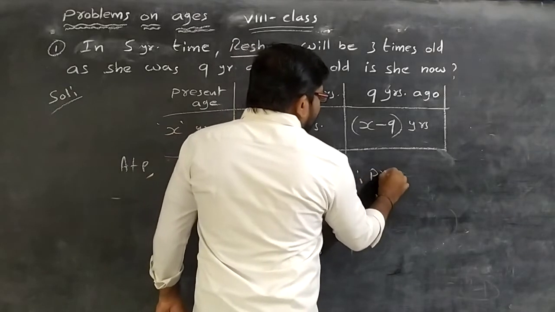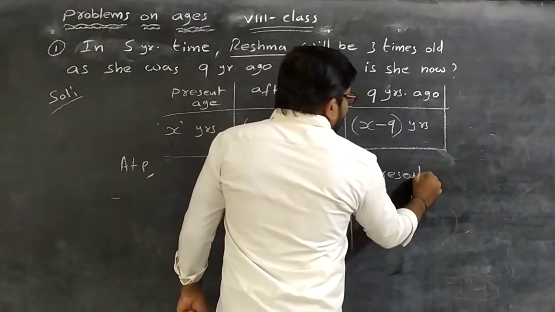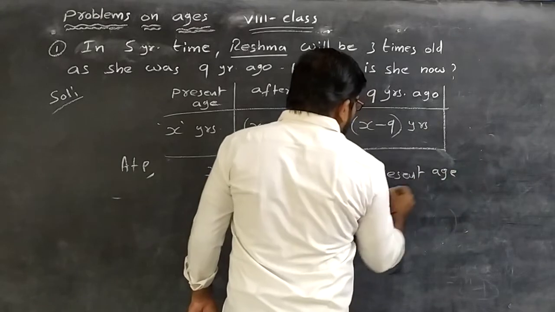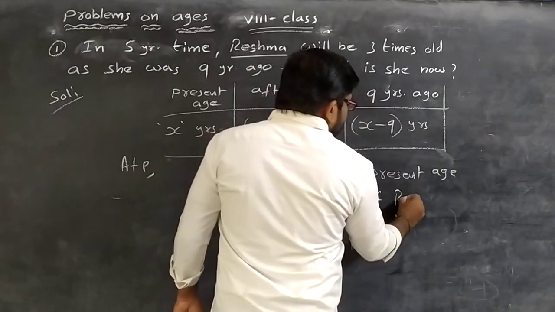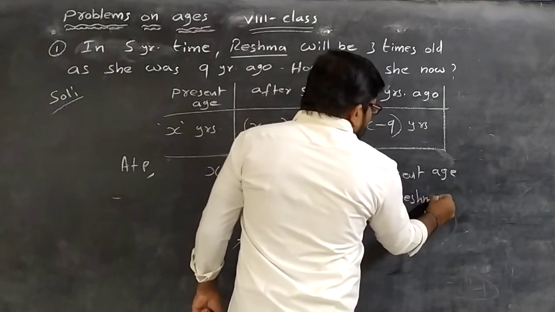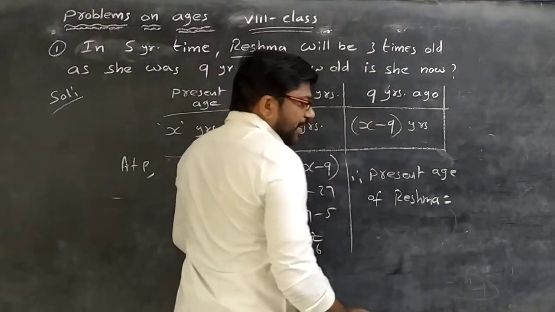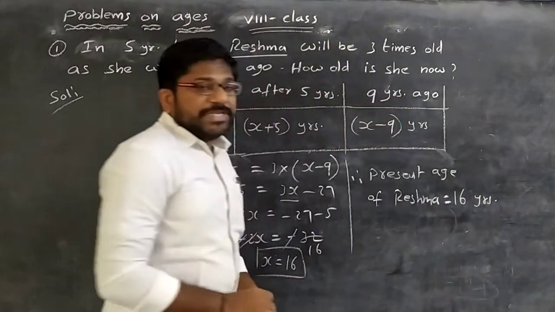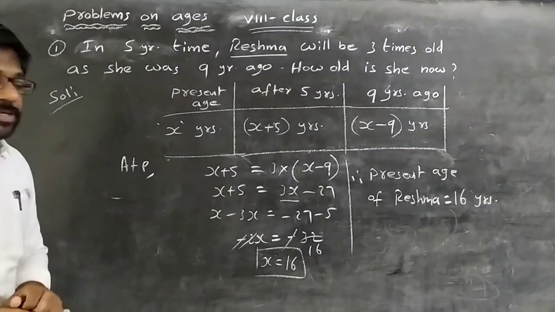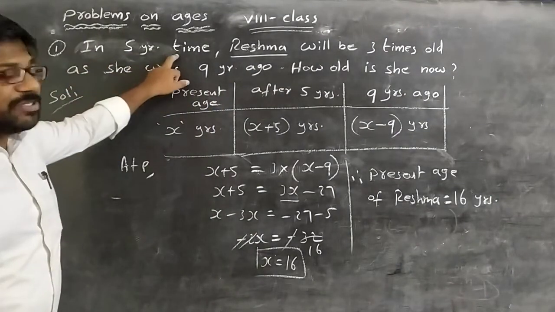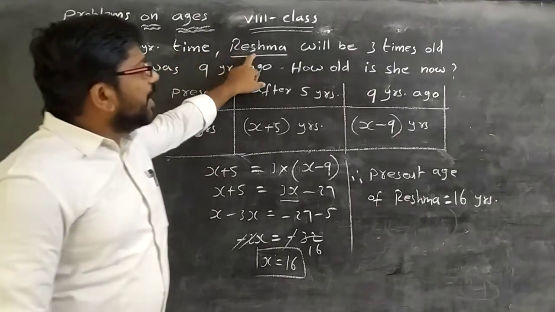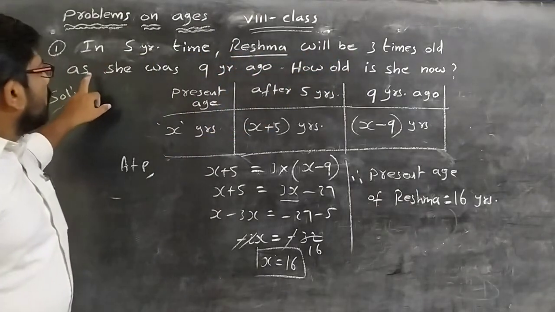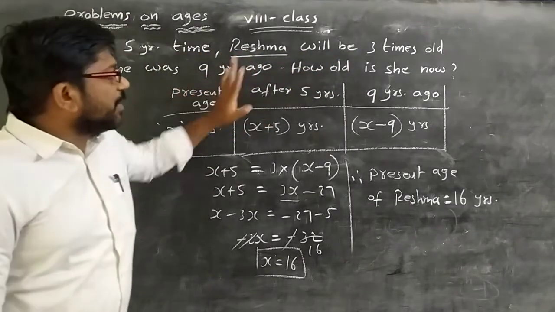Therefore the present age of Reshma is equal to x, that is 16 years. Once again, listen: in 5 years time, Reshma will be 3 times as old as she was 9 years ago.